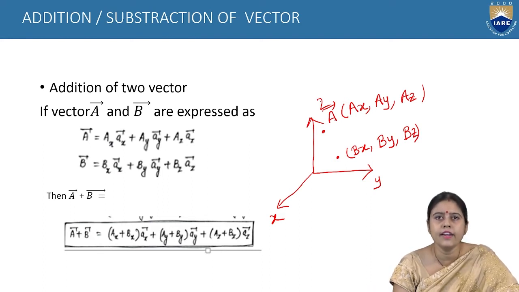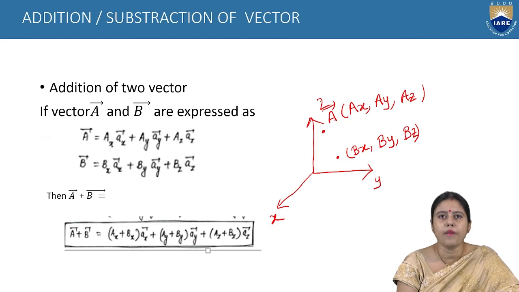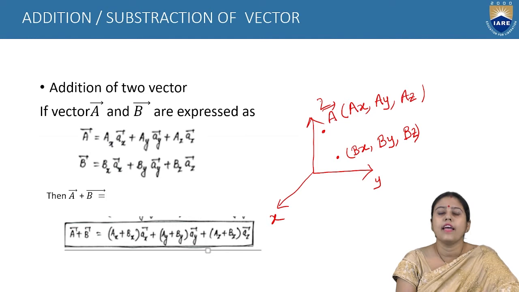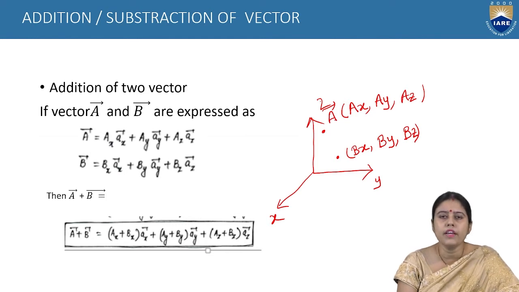If we can write a vector in its unit vector form, then only we can utilize this method of addition of two vectors. So this is the addition of two vectors using the unit vector criteria.